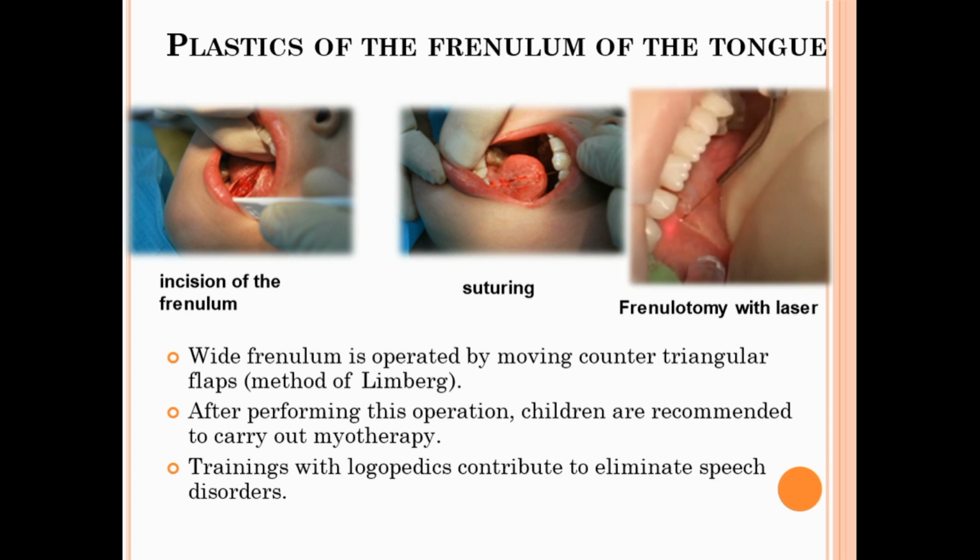After plastic of the frenulum of the tongue, many children cannot lift the tongue tip by themselves, even though the mechanical obstacle is eliminated. Therefore, after performing this operation, children are recommended to carry out myotherapy. Training with logopedists contributes to eliminating speech disorders.